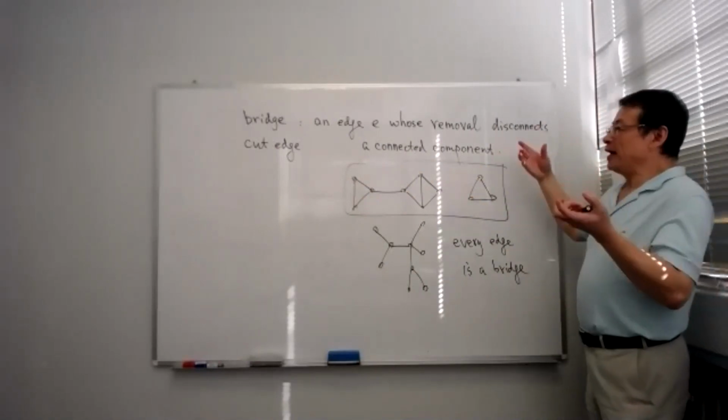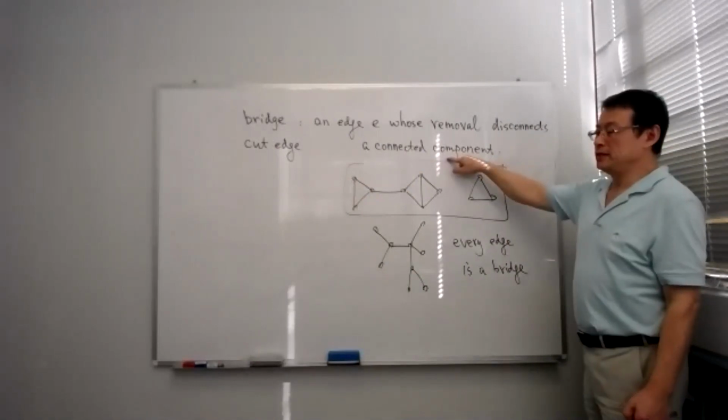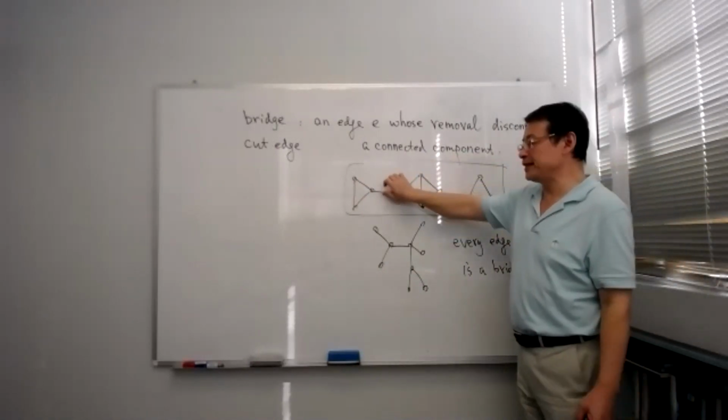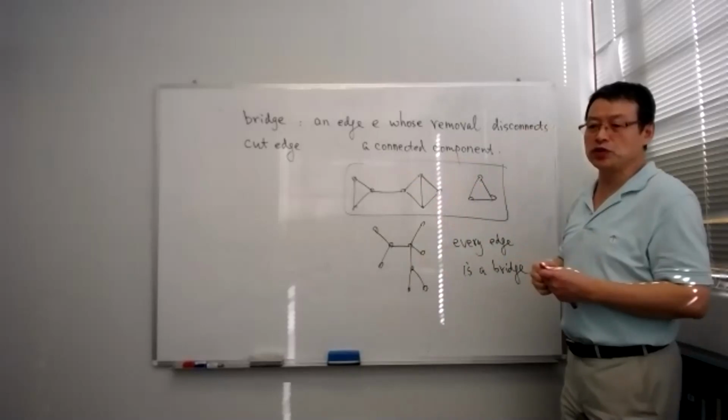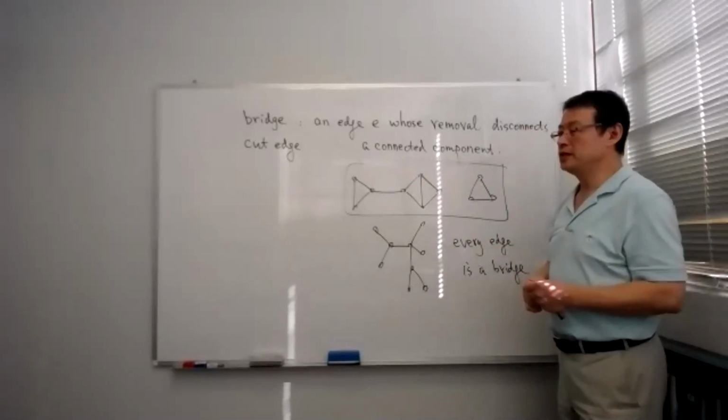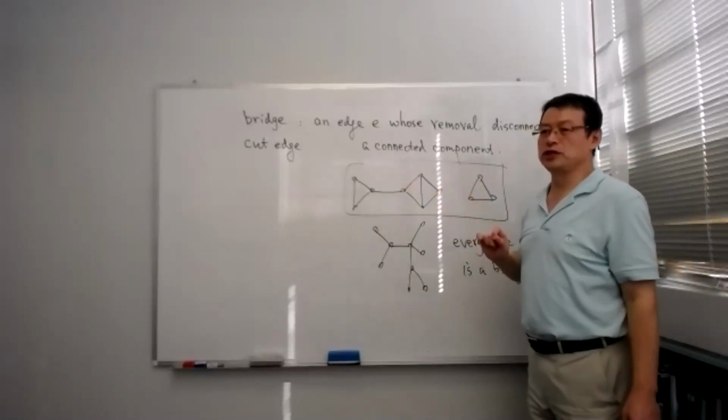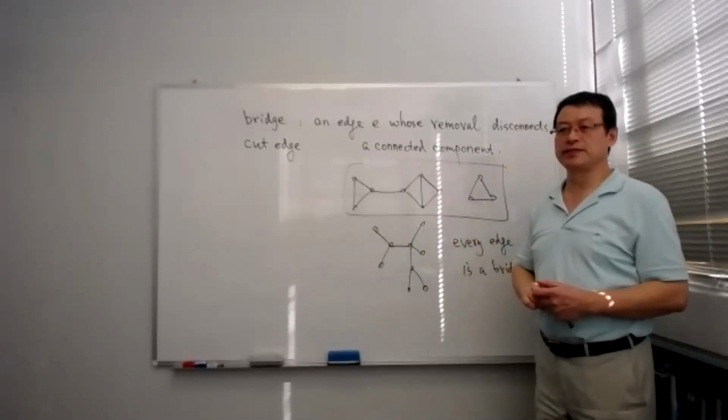So we should pay attention to connected components. In a connected component, if you remove an edge and it breaks the component into two pieces, then it is a bridge. So in that case, this one is a bridge because that's one connected component.